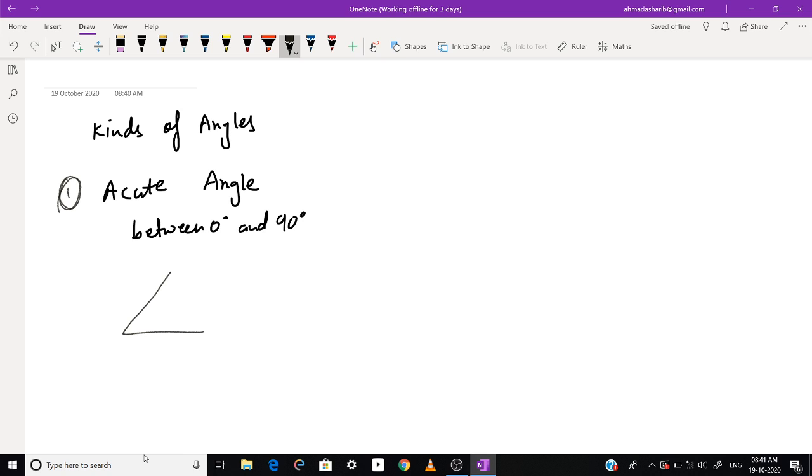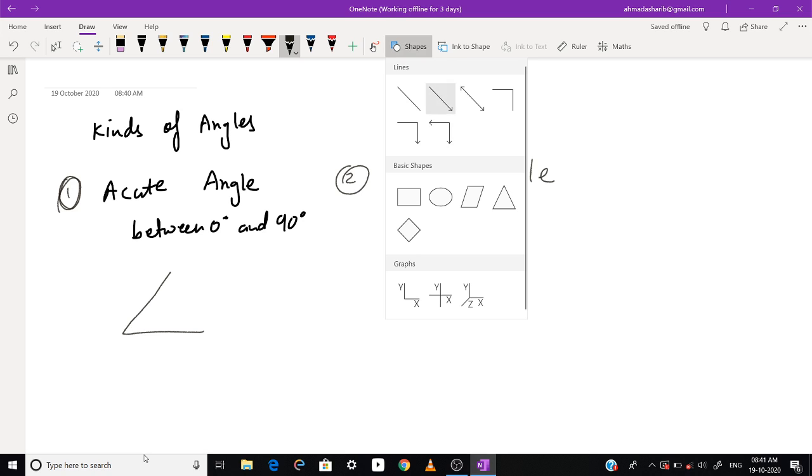So this was one. The next is the right angle. A right angle is a 90-degree angle.